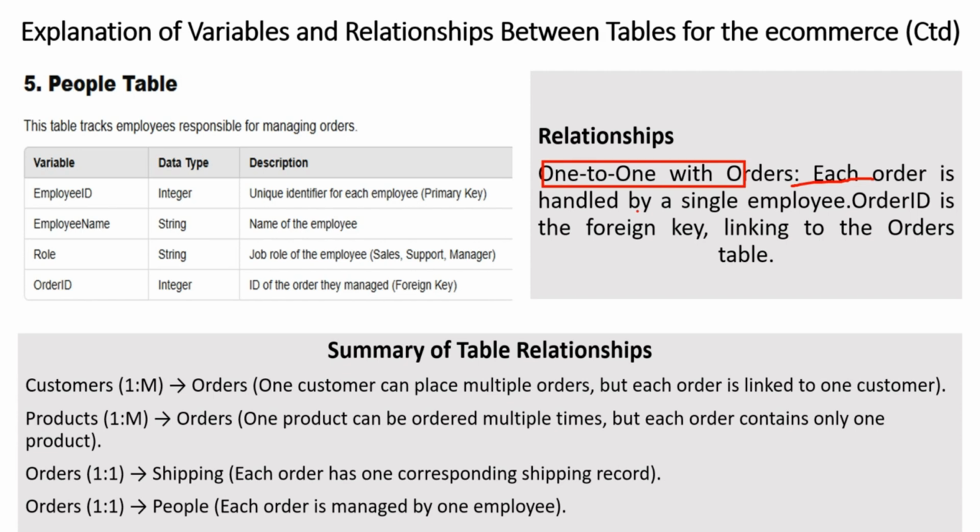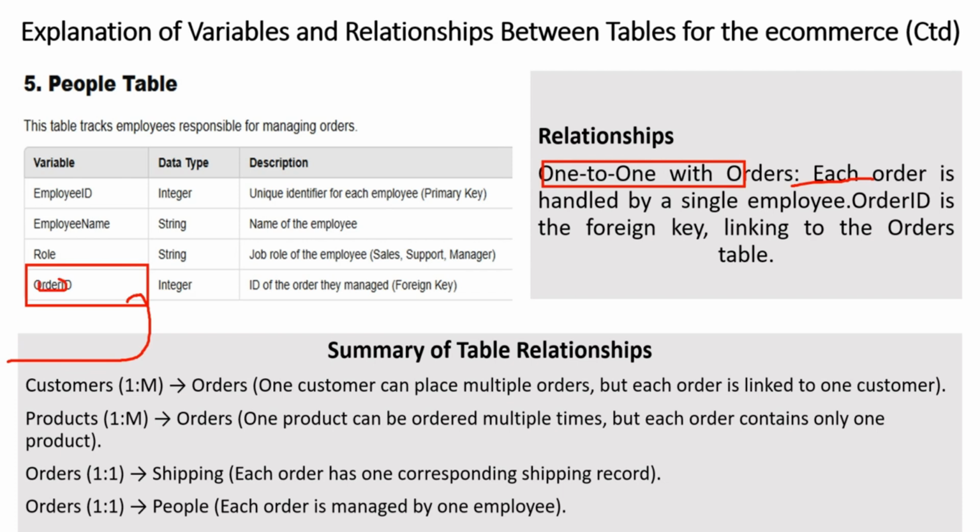Order ID is a foreign key linking to the orders table, just like in the shipping table. Same thing with the people table: order ID in the people table is being linked to order ID in the orders table.